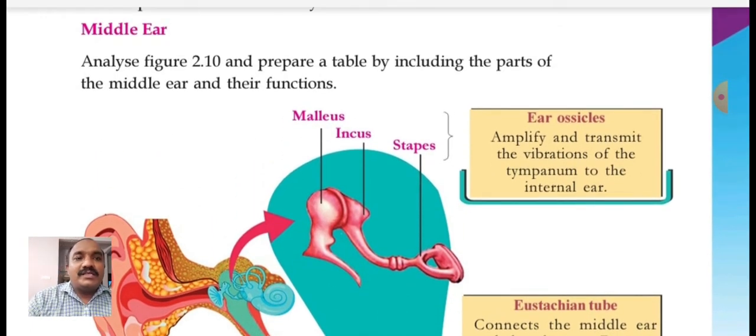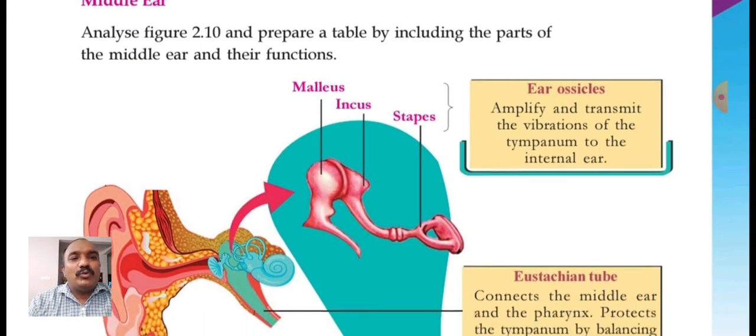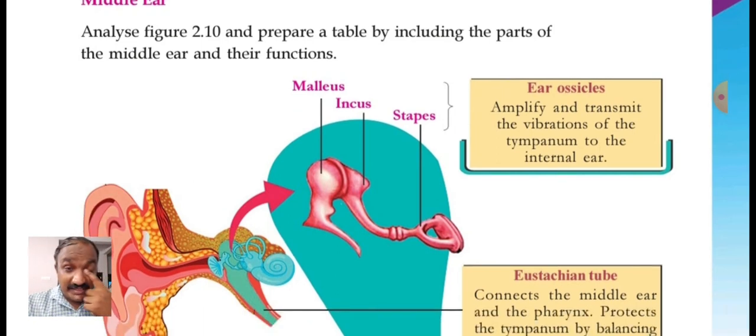Middle ear has only two parts: the ear ossicle and the Eustachian tube. Ear ossicle means a group of three small bones present inside the ear.